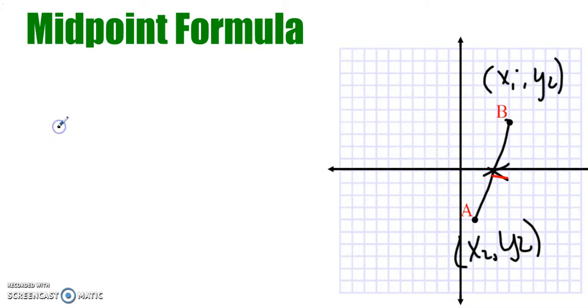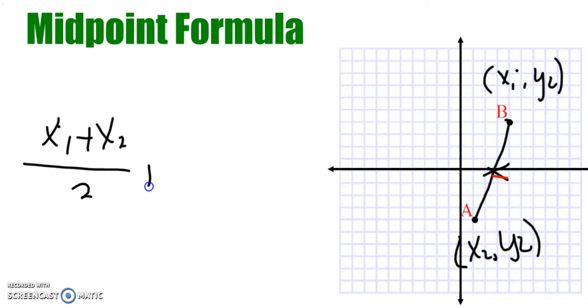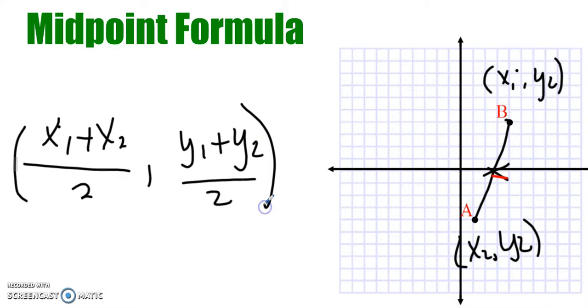So I'm going to take x1 plus x2, and I'm going to divide by 2, because that's how I find an average, comma, y1 plus y2 divided by 2, and that's my average. That is going to give me an ordered pair, and the midpoint of ordered pairs is an ordered pair. So the midpoint, comma, midpoint x, midpoint y, if you want.